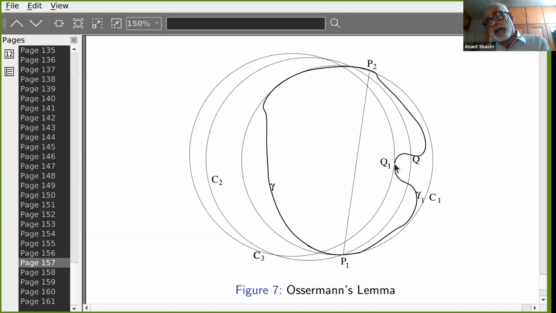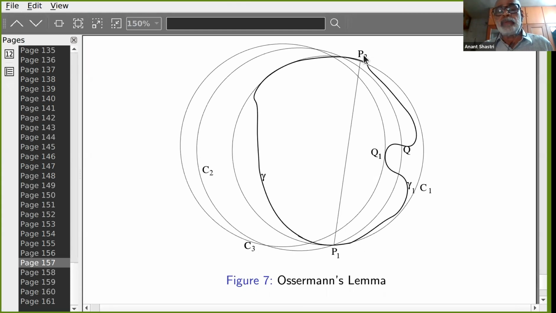Therefore, the kappa here is smaller than 1 by r2, which is smaller than 1 by r. Take this point between P1, Q1 and P2. Repeat this process to get Q2, Q3, Q4, and so on.